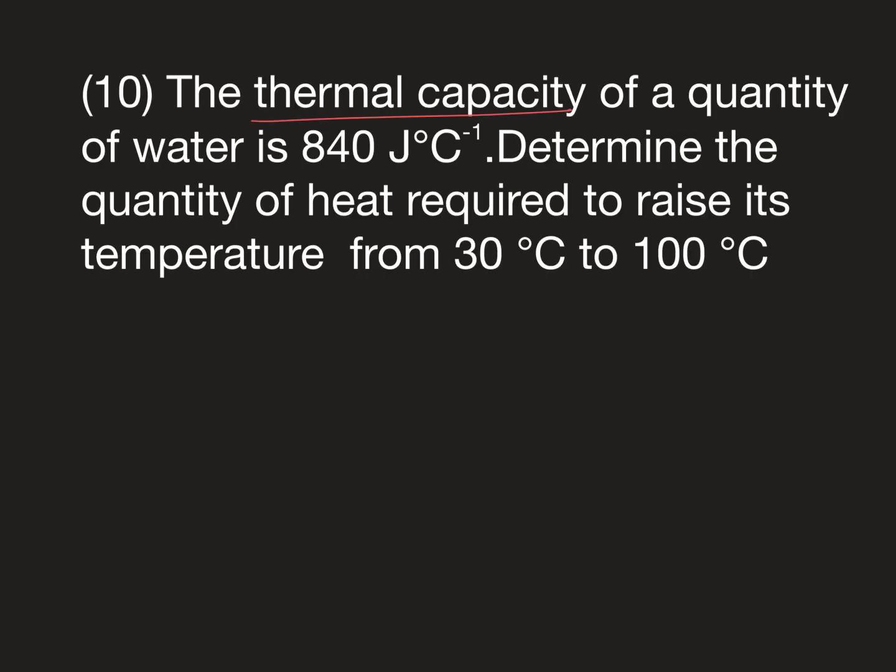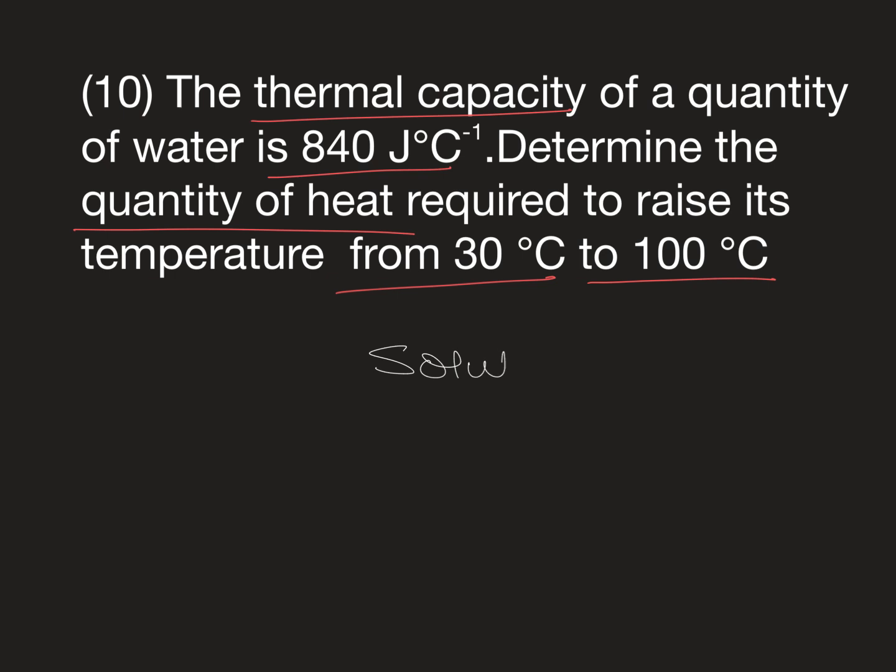The thermal capacity of a quantity of water is 840 joules per degrees Celsius. Determine the quantity of heat required to raise its temperature from 30 degrees Celsius to 100 degrees Celsius.